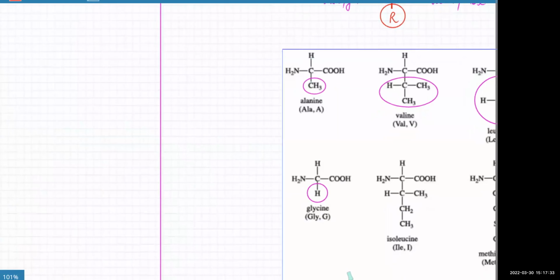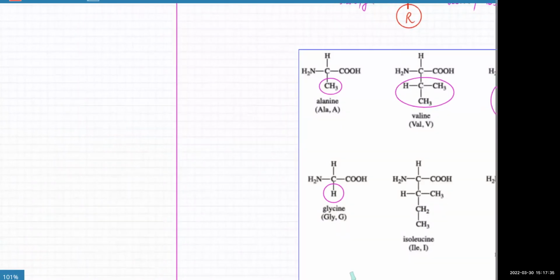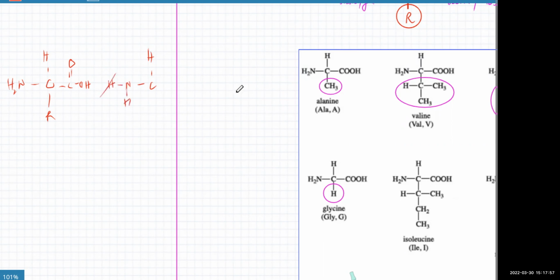We studied this in polymerization: peptides form with NH2, the R group, and this side is carboxylic acid. Another amino acid has an amine on this side, so H and OH are removed from the middle and they form an amide link, but otherwise the overall structure remains the same.